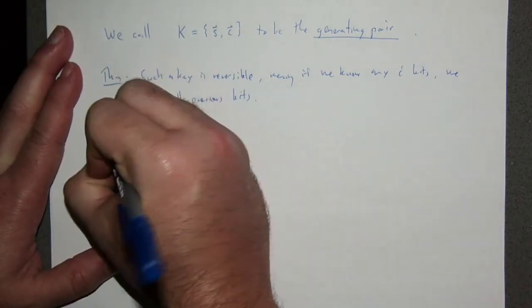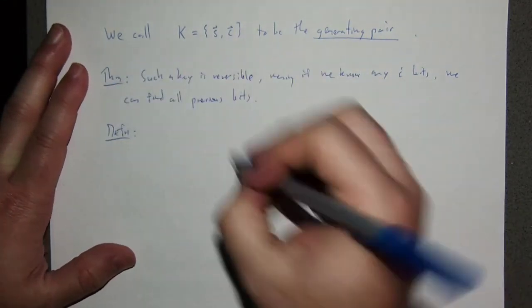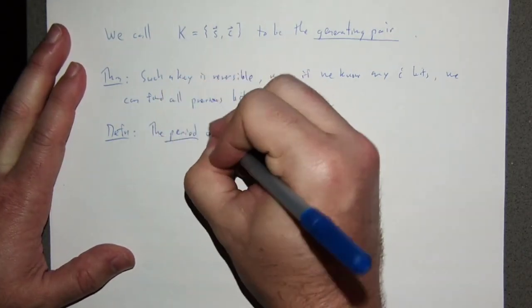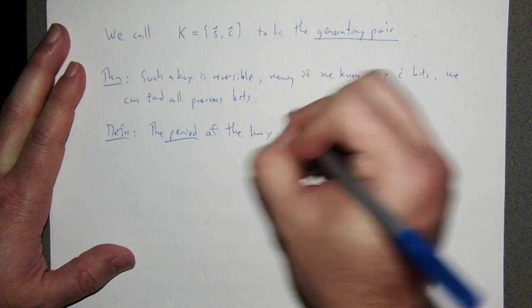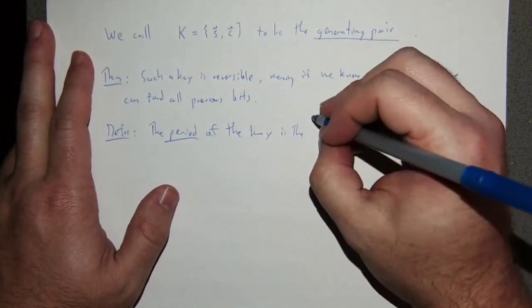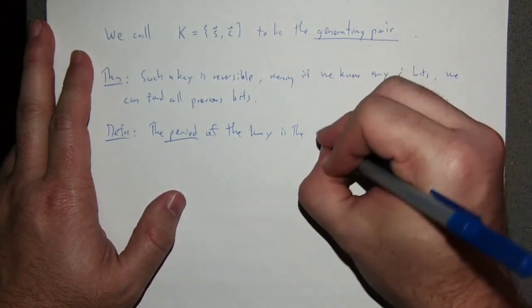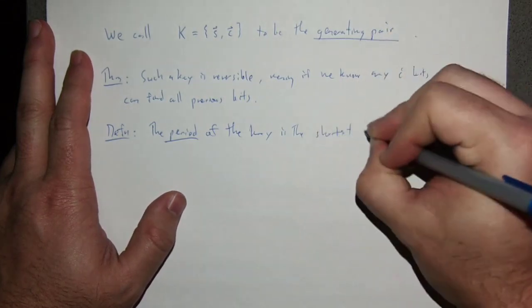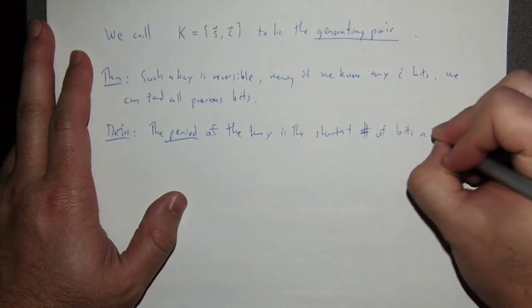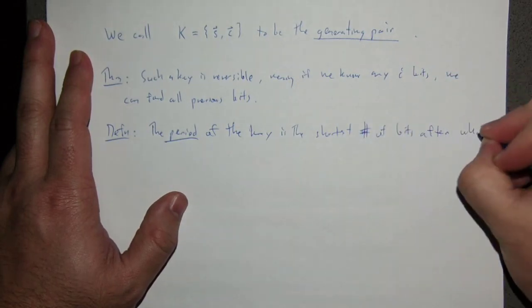Here's a quick definition. The period of the key is the shortest number of bits after which the key repeats.